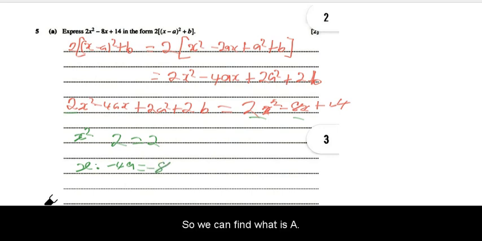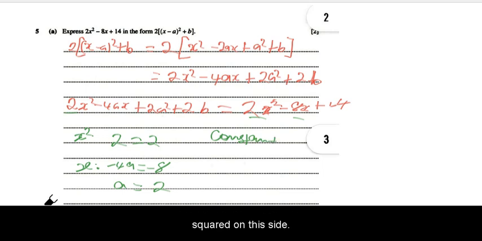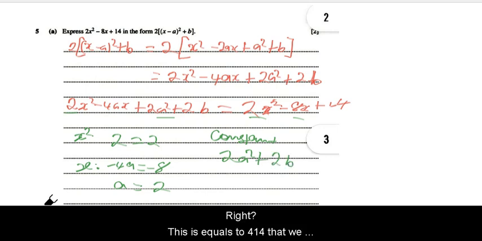So we can find a: you divide by negative 4, so a is simply 2. Let's compare the constants. We have 2a squared plus 2b, and this is equal to 14 on this side.